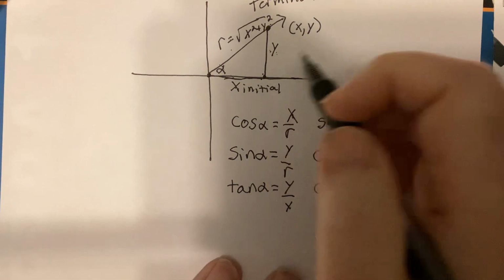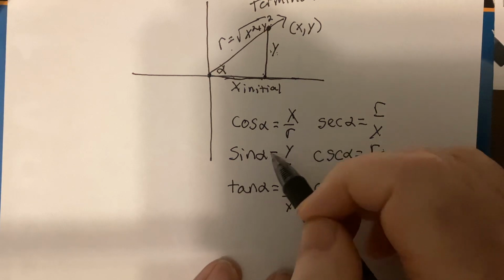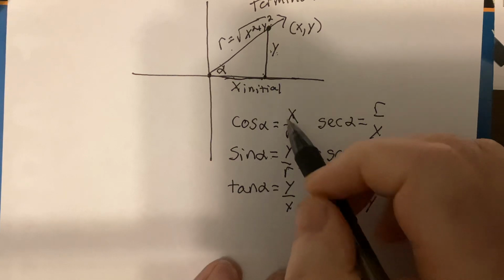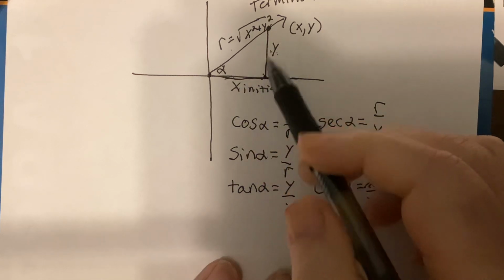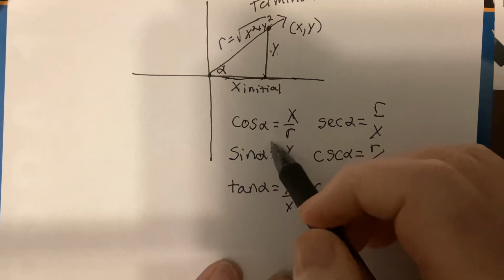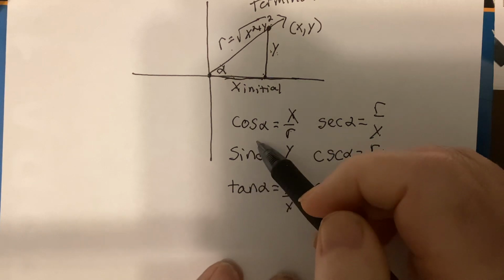Now, since cosine and sine are over r, r being the biggest side, the hypotenuse, that means cosine and sine cannot be bigger than 1. And we're going to see it cannot be smaller than -1.